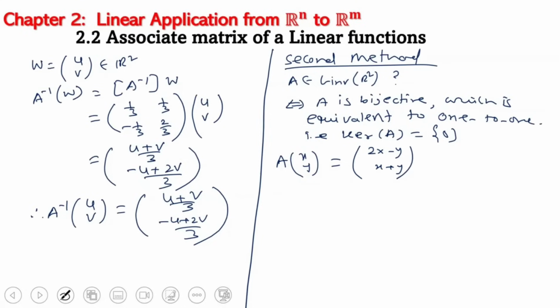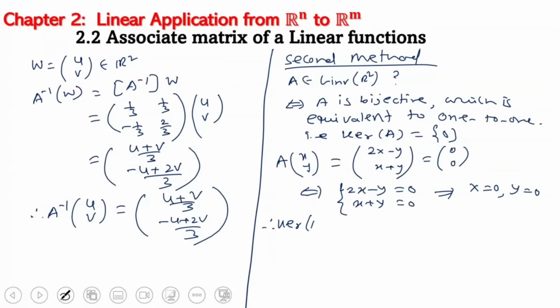So we want to find the kernel. So A(x, y) will be (0, 0) if and only if 2x minus y is equal to 0 and x plus y is equal to 0. Solving this, we get x equals 0, y equals 0. So therefore the kernel of A contains only (0, 0).